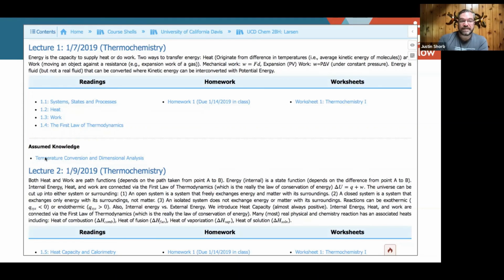So this temperature conversion dimensional analysis is not a topic that's taught in this course and would not be in this book, but it's assumed knowledge that he knows students struggle with. So he puts a link to that other resource so students can actually tie back to other courses they've taken as well. So this nonlinearity, this idea of navigating through a multidimensional hyperspace, is an important difference between an old textbook and a current textbook.